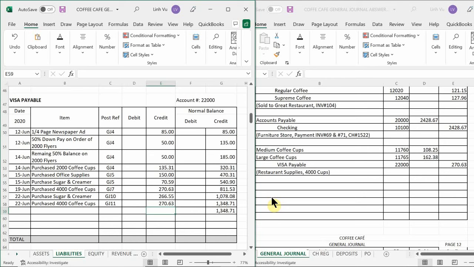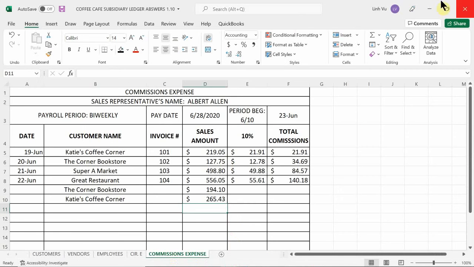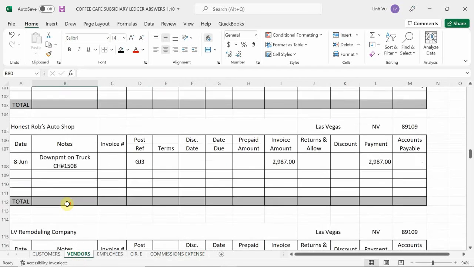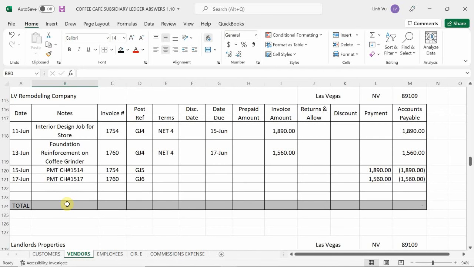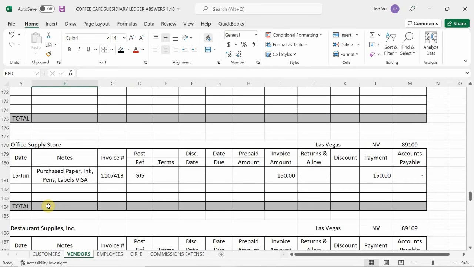So what's next? Subsidiary ledger. We're going to go to restaurant supply, excuse me.